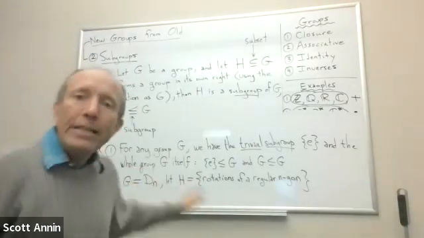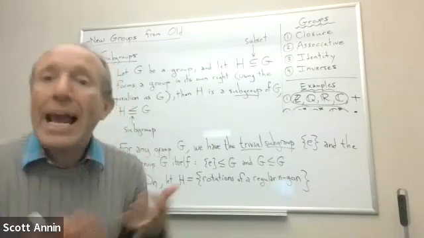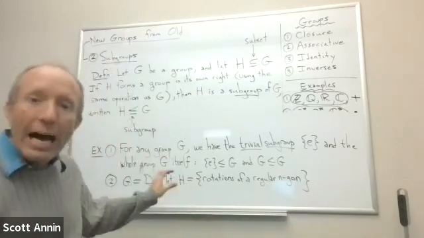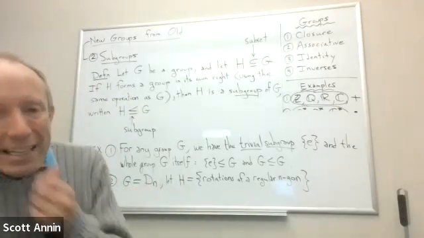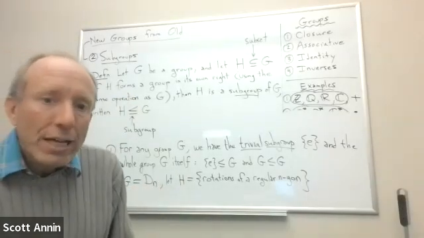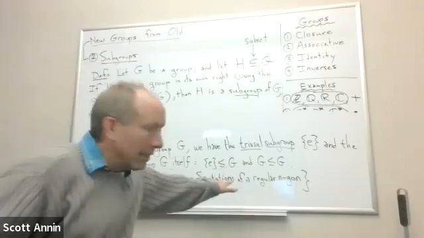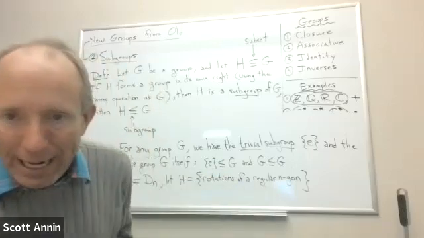Remember, Dn is all rotations and reflections. It has a size of 2n. But here we're talking about rotations only of a regular n-gon.